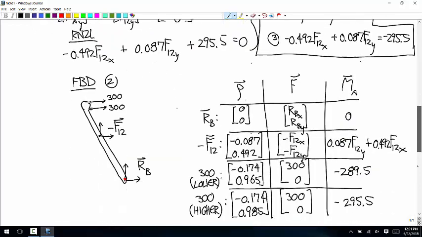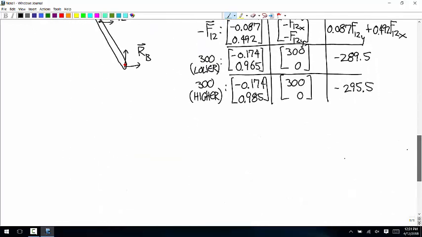Let's draw it blown up. So if we have this pulley like this, and then the member goes up to the top there.